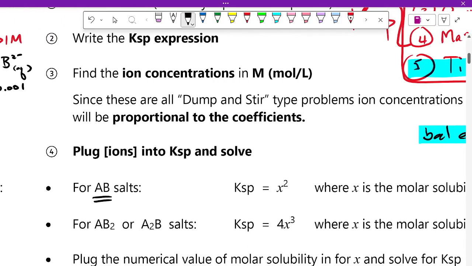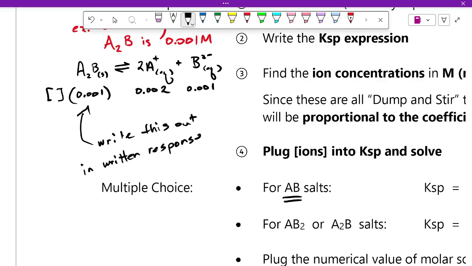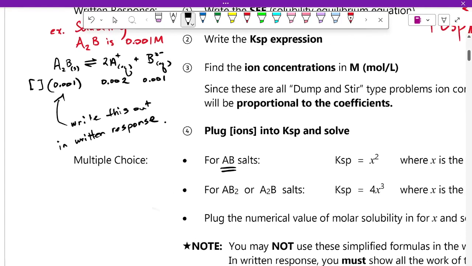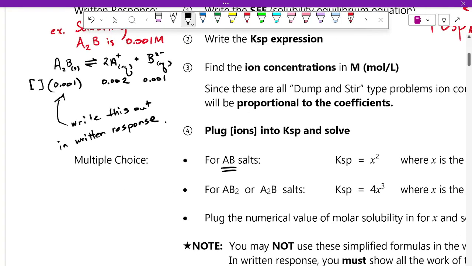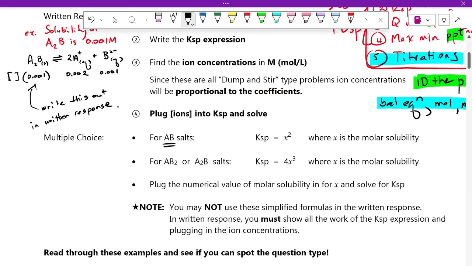You can use this in multiple choice questions. If you're doing a written response, write this all out. And then you would write your KSP, you would plug everything in, and there we go.